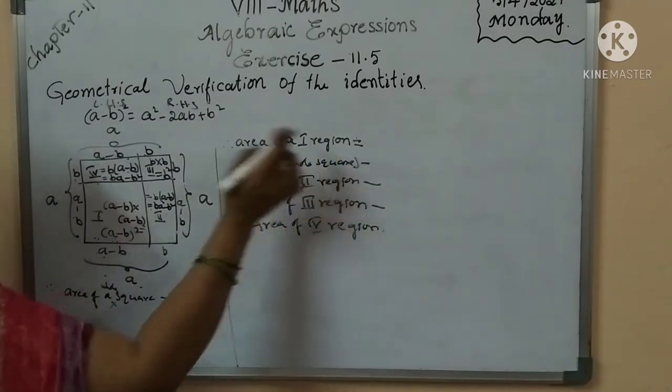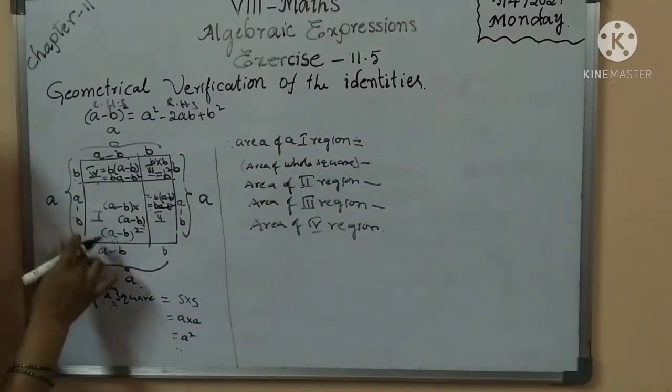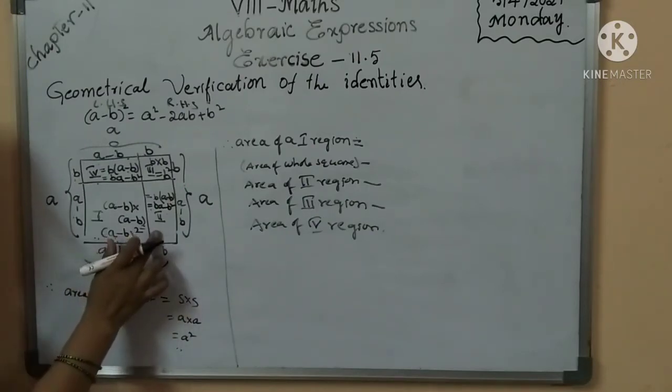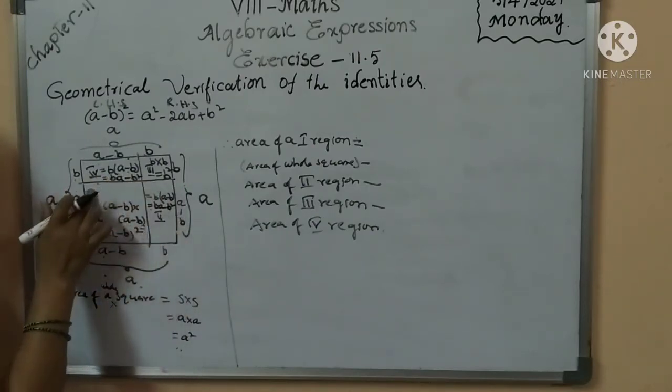Understand? Area of the first region equals area of the whole square minus area of the second region, area of the third region, area of the fourth region.